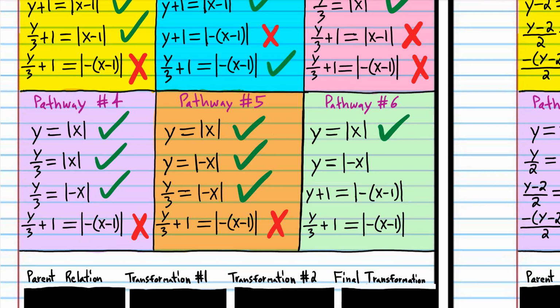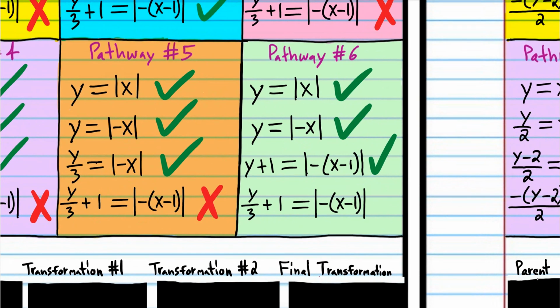We'll start with the parent equation, replace x with negative x. That tells us to reflect across the y-axis. Then we're replacing y with y plus 1 and x with x minus 1. That tells us to move to the right 1 and down 1. So that works. That's fine. You see, we're subtracting 1 from x, and we're adding 1 to y. So the transformation properties tell us what to do in that situation.